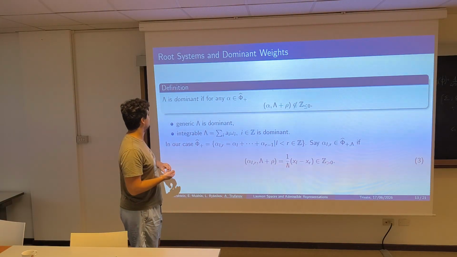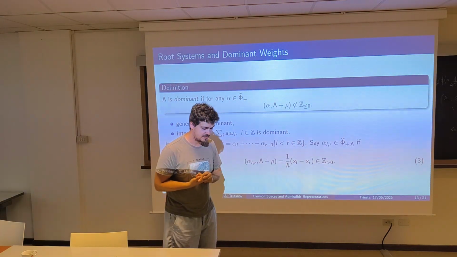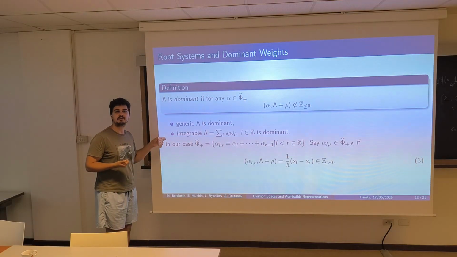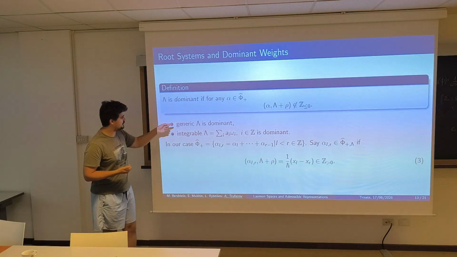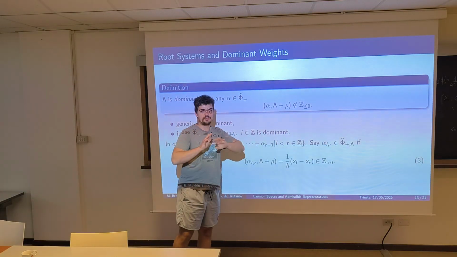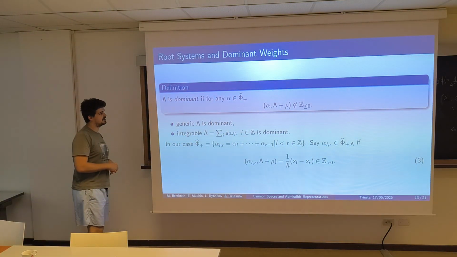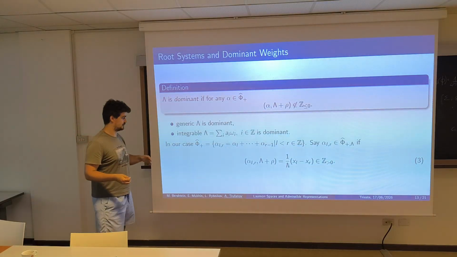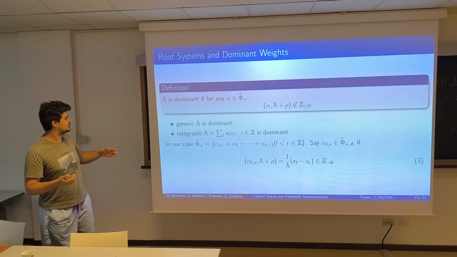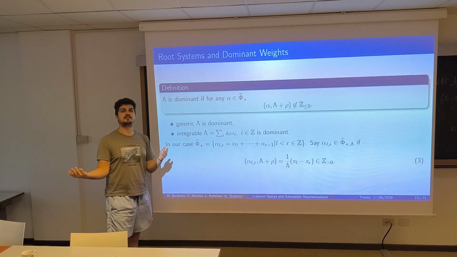The condition that lambda is dominant is a little more general than integrability. The integrable case is one of the cases, for example, and another is when lambda is generic. If all pairings are just complex numbers, not integers, then it's also dominant. So it's like an interpolation or extrapolation between the Verma module and, for example, the integrable module.